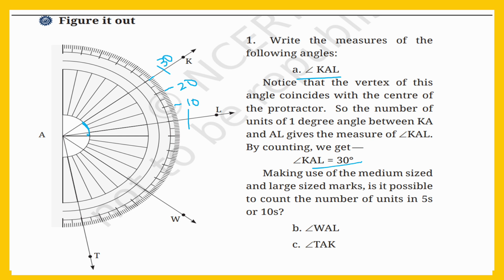Then next we have to find the angle WAL. See, this is angle WAL. To find the measure of angle WAL, we have to count the number of units of 1 degree angle between WA and AL. Between any two large sized marks, there are 10 units of 1 degree angle.